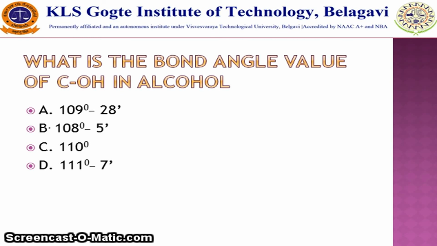In this case, even though these alcohols have a tetrahedral, sp3 hybridized one, it contains an oxygen OH group, where the two lone pairs of electrons on the oxygen atom push the C-O and O-H bonds closer to each other, which reduces the bond angle. In this case the reduced bond angle is 108 degree 5 minutes. Therefore the answer is 108 degree 5 minutes.